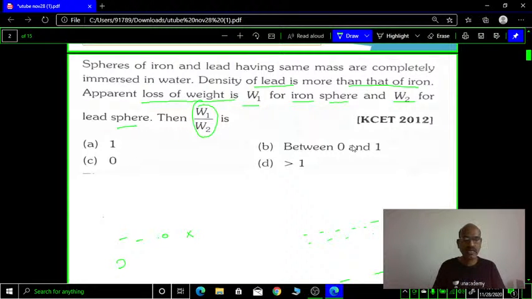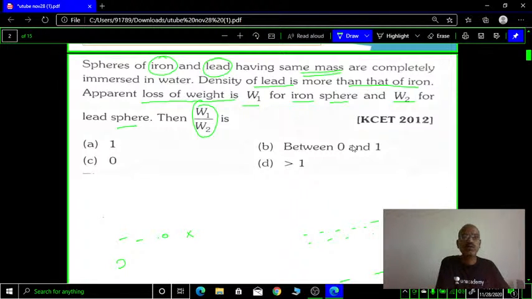See here clearly, right? The sphere of iron ball and lead, same mass, that's only important. Both have same mass, are completely immersed inside water. Density of lead is more than density of iron.